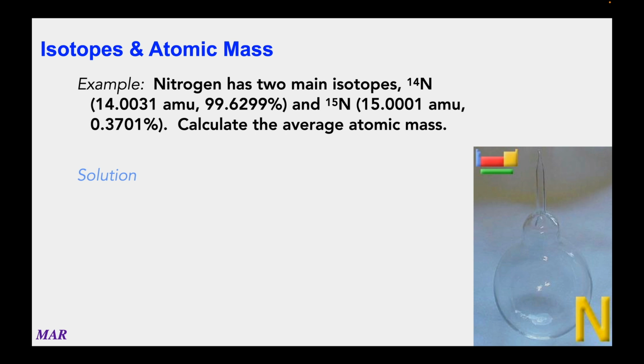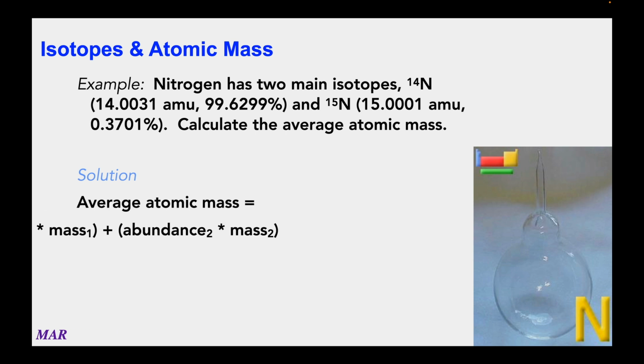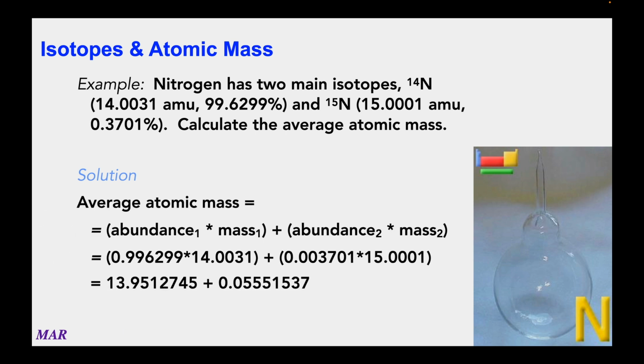So 99.6299 becomes 0.996299, and 0.3701 becomes 0.003701. So we do that over, it gets some weird math, but it comes out to be 14.0068 AMUs. That would be the number on the periodic table. That's how they calculate these things.